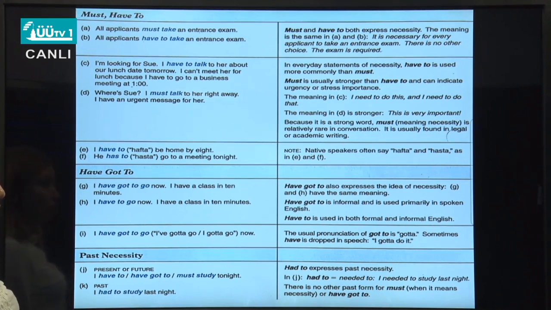Because it is a strong word, must, meaning necessity, is a bit rare in conversation. It is usually found in legal or academic writing. So, in everyday statements of necessity, have to is used more commonly than must, as I mentioned before.